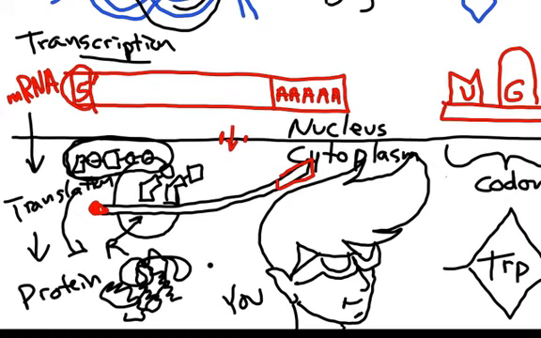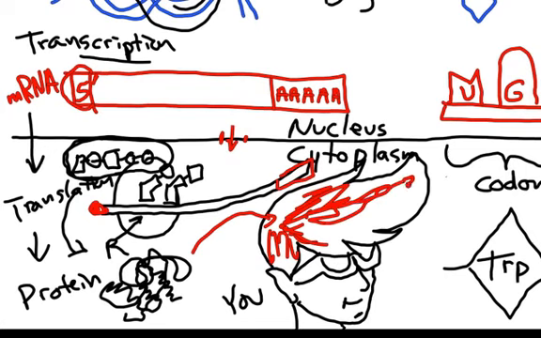So when we have a guy like this who has, for example, red hair, the color of that red hair is a protein, and the protein was created by the DNA making messenger RNA and eventually making a protein. In this case, it's for red hair, or maybe it's for freckles, or maybe it's for blue eyes.